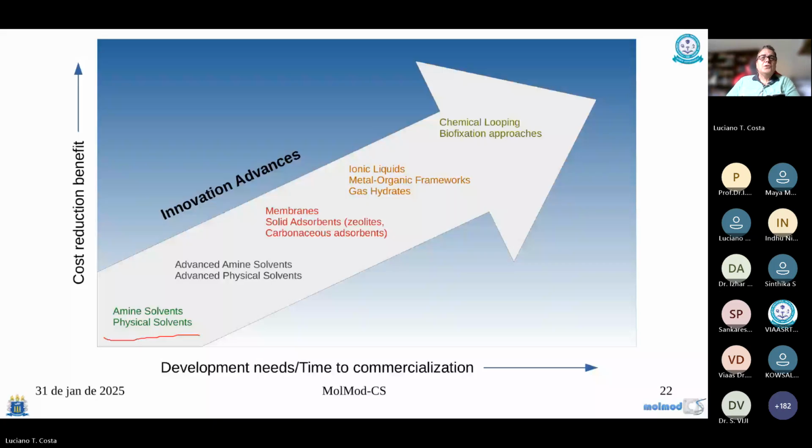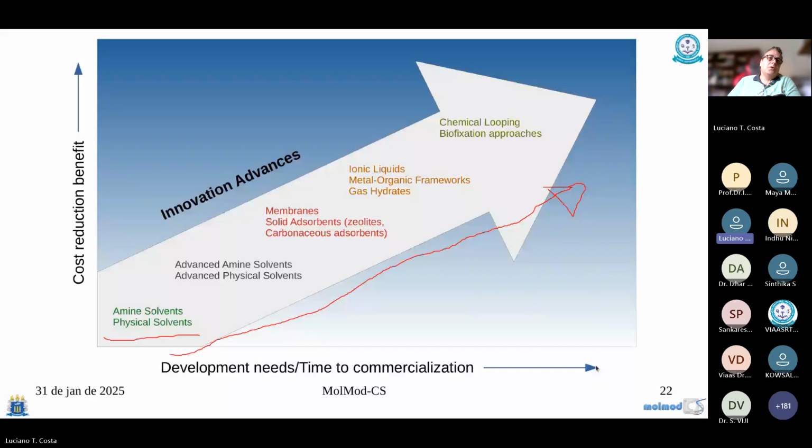So we need to find or at least discover new technology, going through pathways such as chemical looping or biofixation approaches. As you know, for example, plants can capture and convert CO2 quite efficiently into cellulose. They basically use a protein called RuBisCO that can convert CO2 into carbohydrates. But of course, this takes a lot of time.